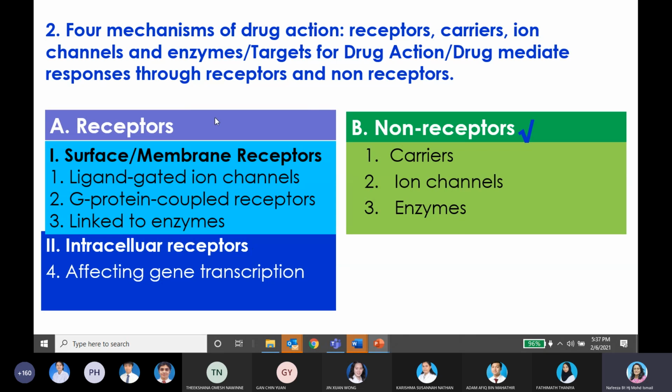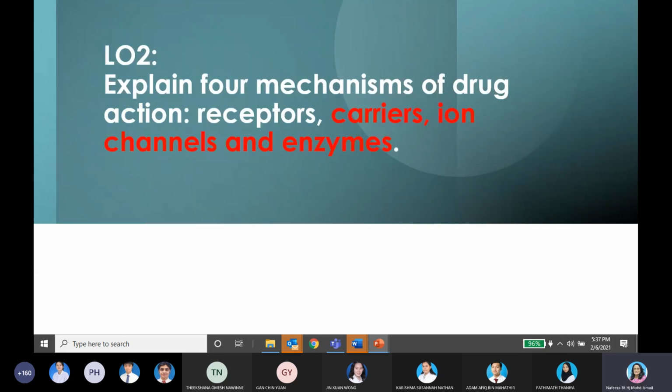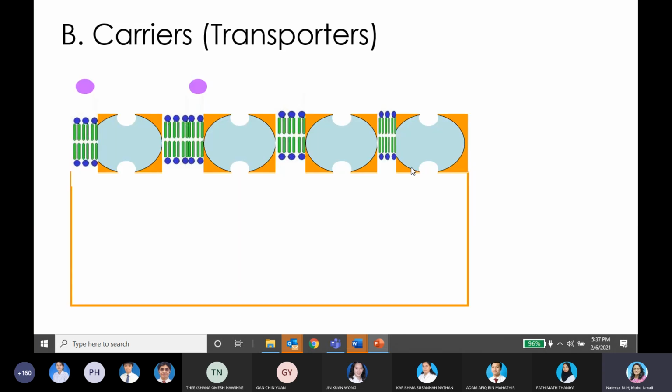Whereas in this blue panel, the drug has to interact with the receptor before it can provide any clinical actions. All right. So this is LO2 again, explain 4 mechanisms of drug action. We're finished with receptors and we're now going on to the non-receptor mediated mechanisms of action.